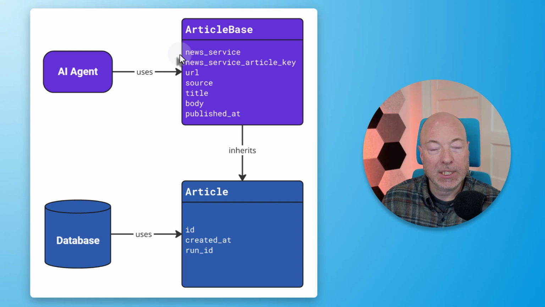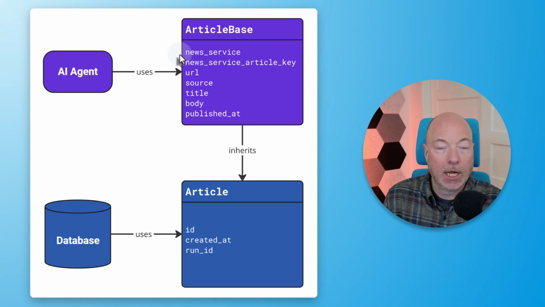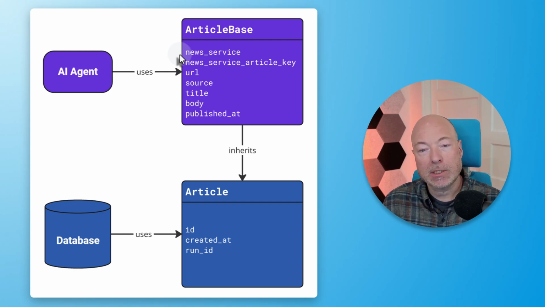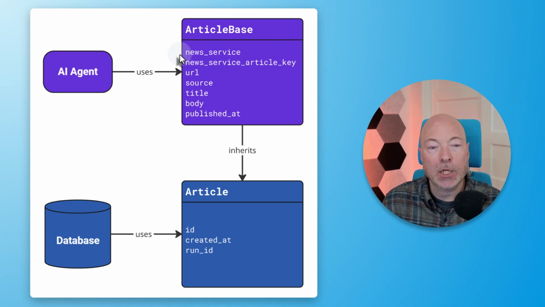So news service in our case will be something like newsapi.ai, and news service article key is, in their case, the URI that they return in the API, but a different news provider might call it ID or key or something else. So this gives us a nice way to uniquely refer to a particular article. So that's in the article base, and that's what the AI agent logic uses.